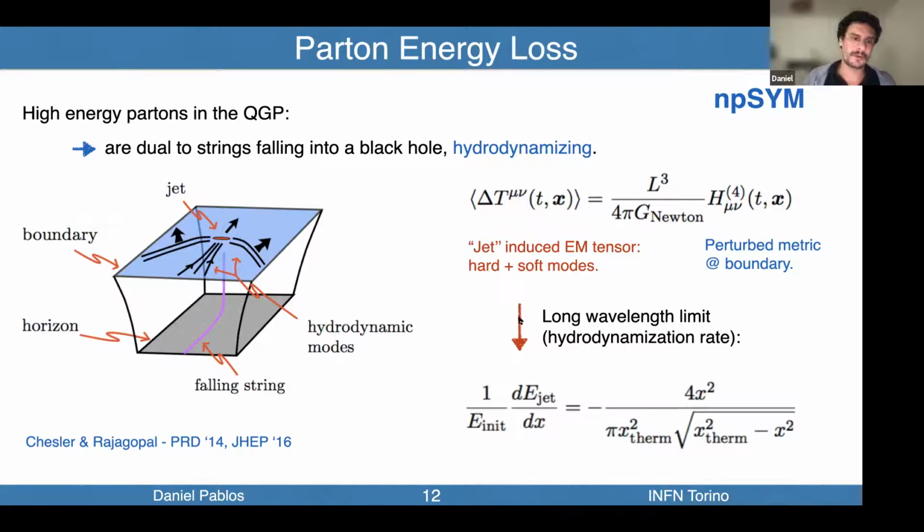So thanks to the duality, you can perform these computations at infinite strong coupling, and the perturbed metric on the boundary induced by the string determines the change in the energy momentum stress tensor at the boundary, which includes both the hard and the soft modes.